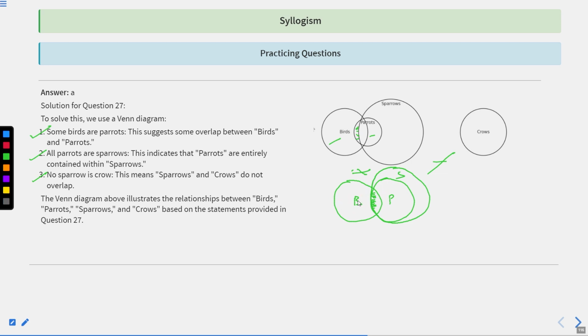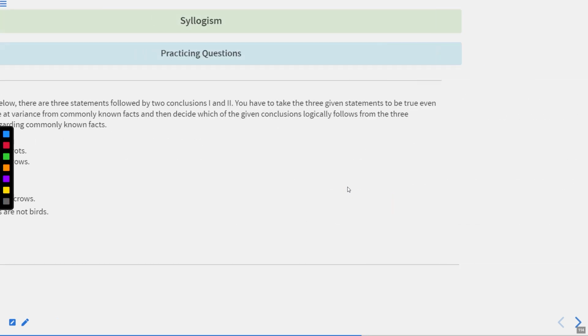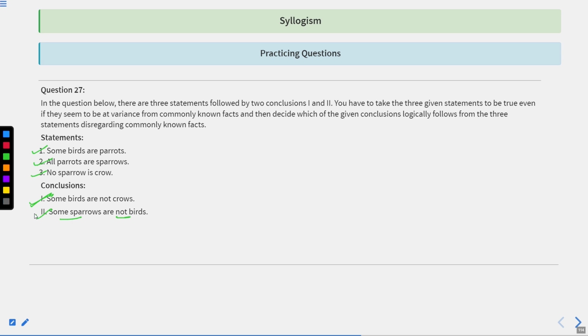But the opposite of it, that some birds are not sparrows, since there is no direct relation between sparrows and birds, we cannot say that this particular statement would have been right.